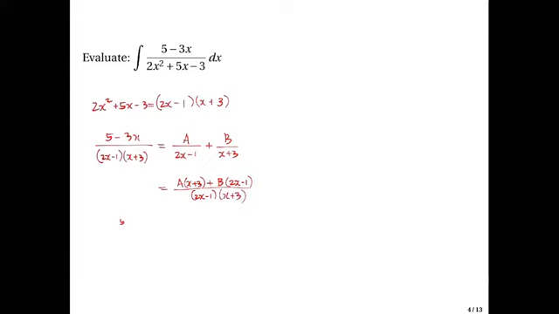So we have 5 minus 3x equals A times (x plus 3) plus B times (2x minus 1).